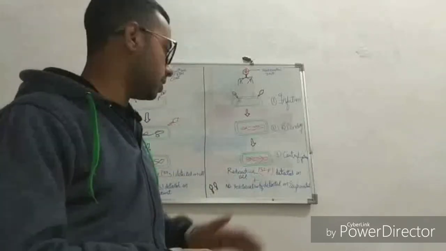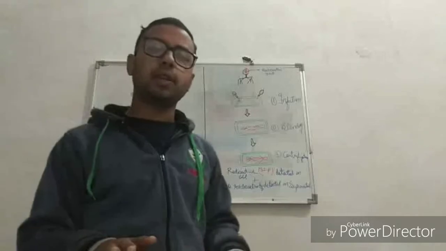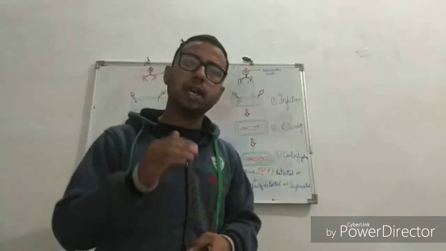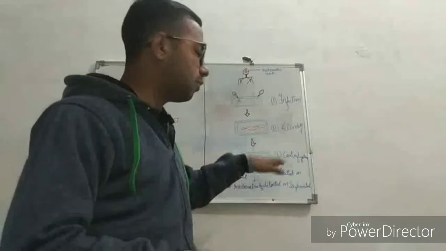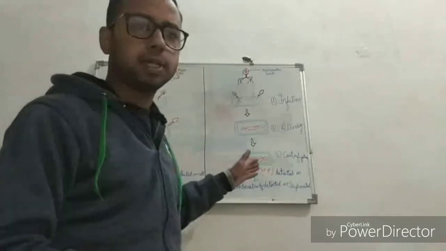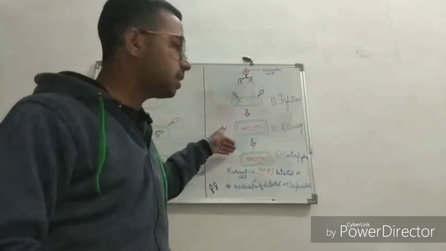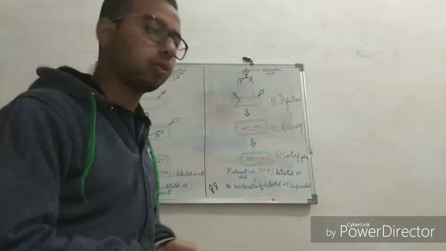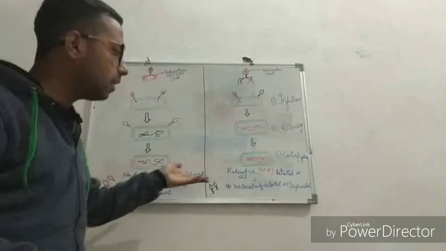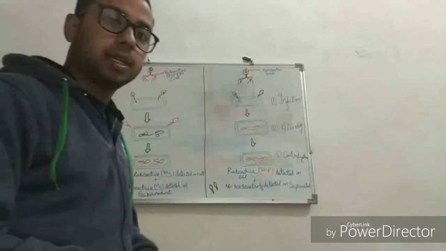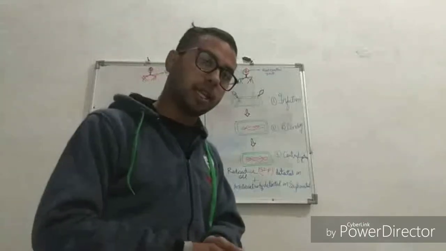In the second case, we had no radioactivity detected in the supernatant, but we got the radioactivity in the cell, that is phosphorus 32. It is clear from this experiment that DNA is the genetic material that enters the cell of E. coli, not the protein coat. For identification, we used this radioactivity so that we can find which one is the genetic material.